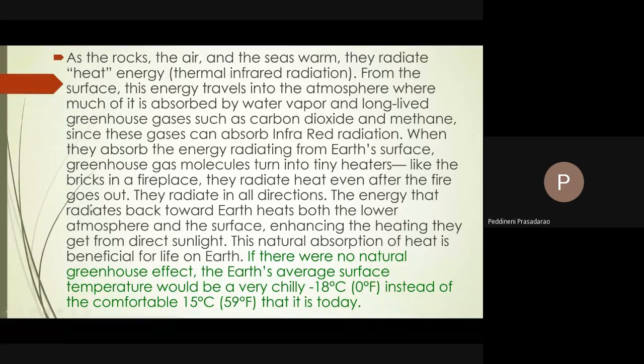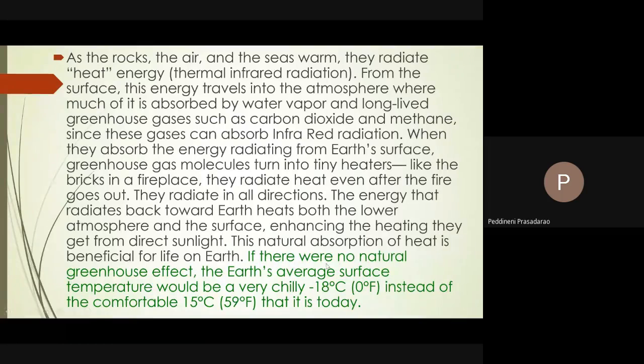The energy that radiates back towards Earth heats both the lower atmosphere and the surface, enhancing the heating they get from direct sunlight. So this natural absorption of heat is beneficial for life. In fact, if it is natural, that means if there is no human intervention and it is only propelled by natural forces, it is advantageous to us and to life on Earth. How is it providing advantage to us, let us see.